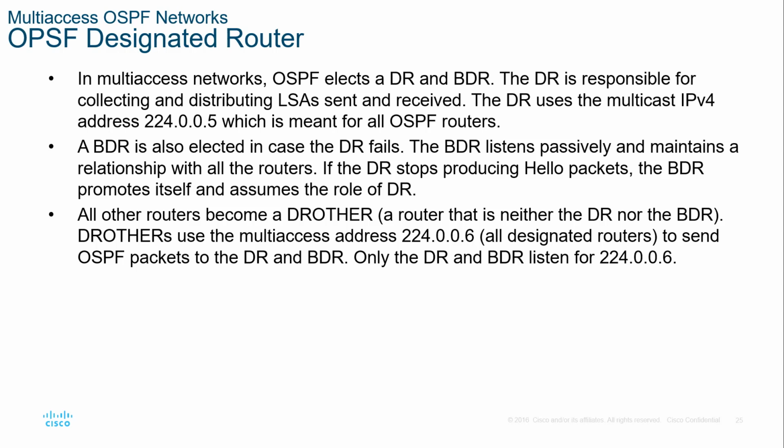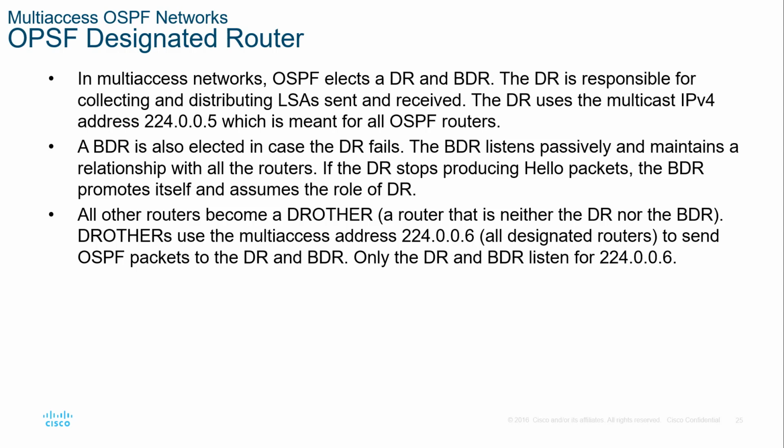So the primary designated router will be the one that's going to be sending and receiving the LSAs. If the designated router fails, a backup will kick in, hence the BDR. Because again, the BDR will listen passively. It will also maintain a record and a relationship with all routers and routes, so that if the DR does stop producing hello packets, the BDR can kick in immediately.